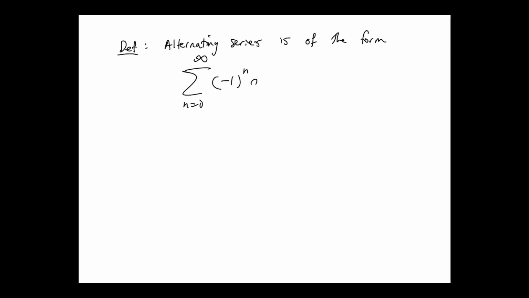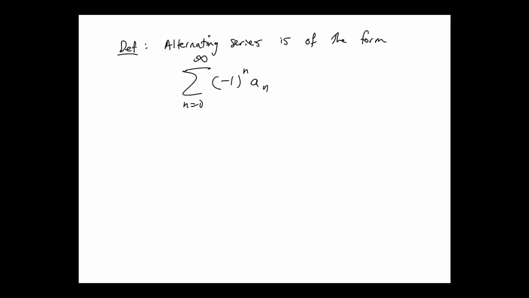First thing I'm going to define is an alternating series. It's something that looks like that. It has two pieces.